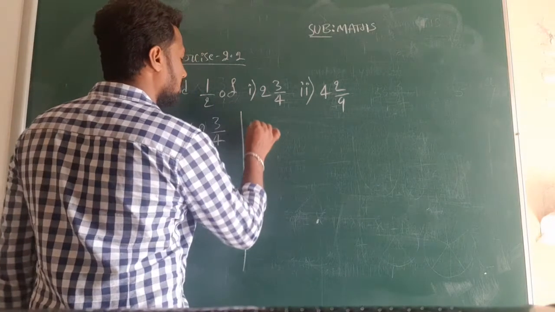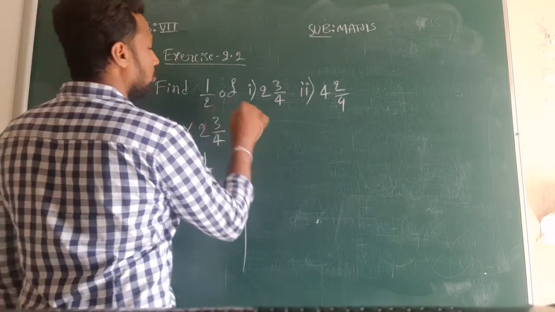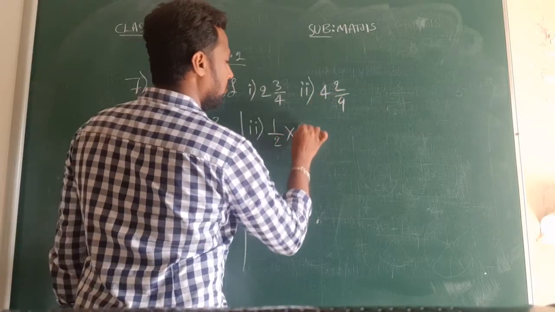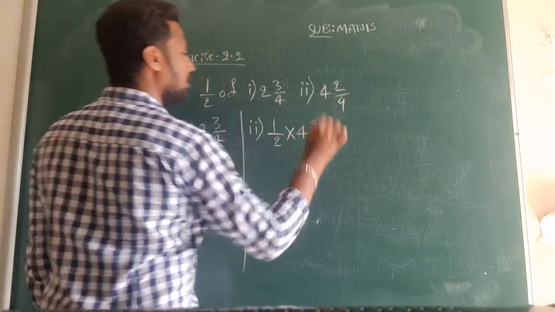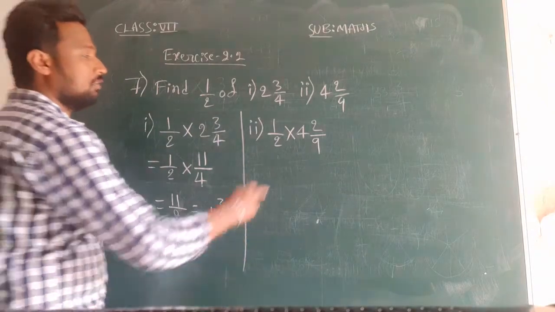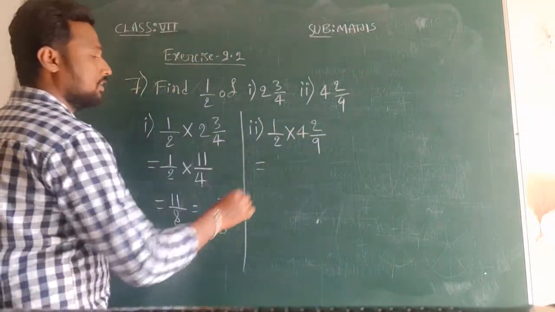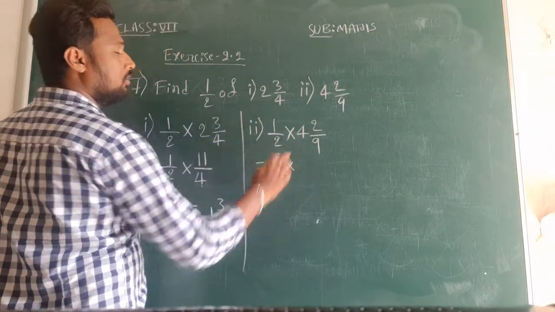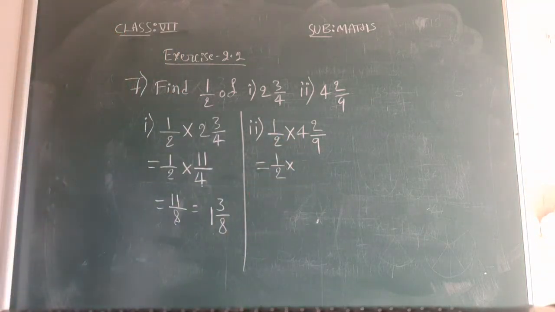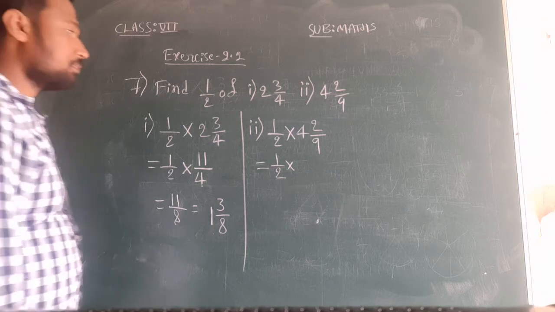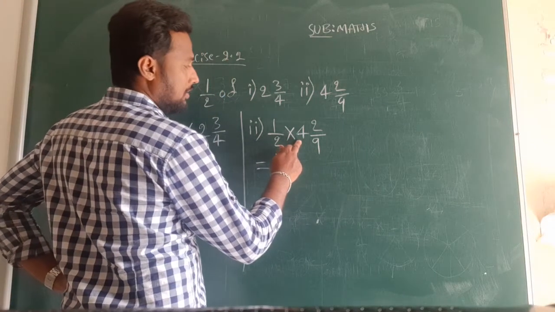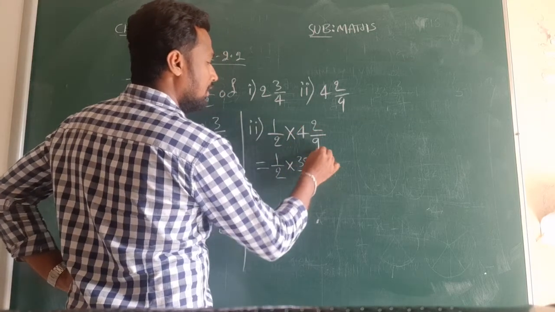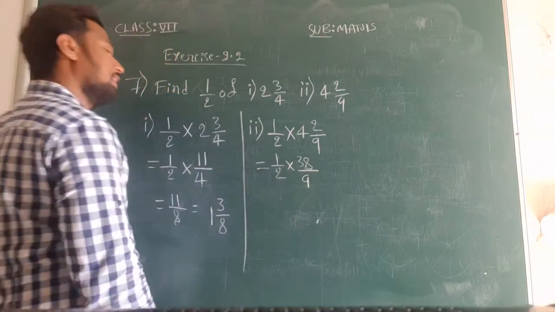Next, the second question. 1 by 2 of means multiplication; they have given here 4 into 2 divided by 9. Now we will convert this mixed fraction to an improper fraction. So 1 by 2 first, we will write into 9 into 4. 9 into 4 means 36. 36 plus 2 will give 38. 38 divided by 9.